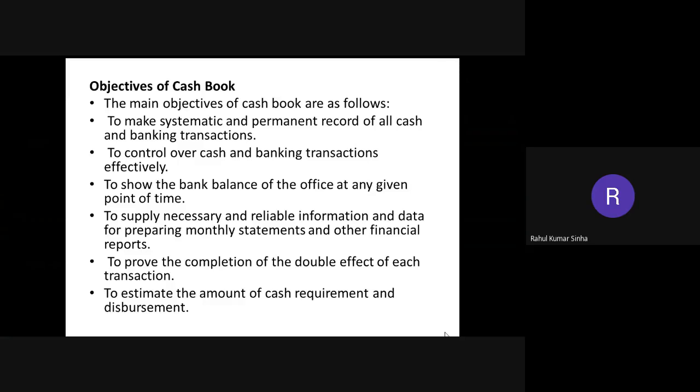The first one, for the systematic record, to control the banking transactions and cash transactions, to know the bank balance at any time, and to get any information which is helpful in the preparation of financial reports, and to prove the completion of the double effect of each transaction, and finally you can estimate the cash requirement on the basis of cash book.